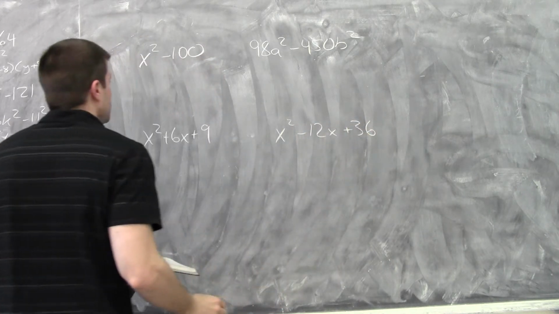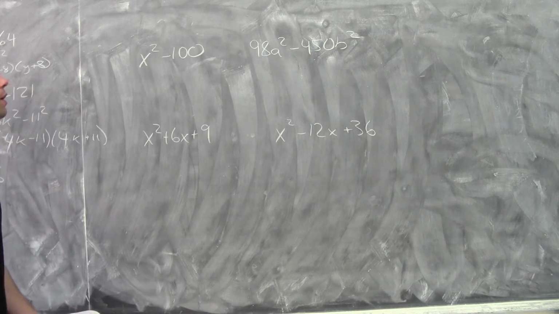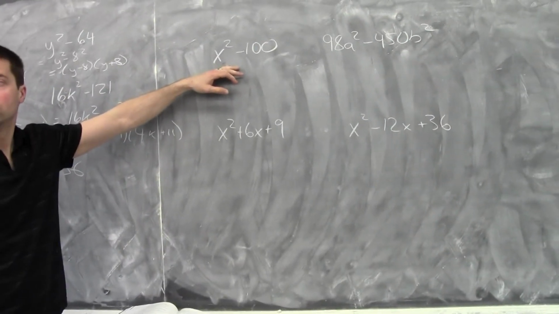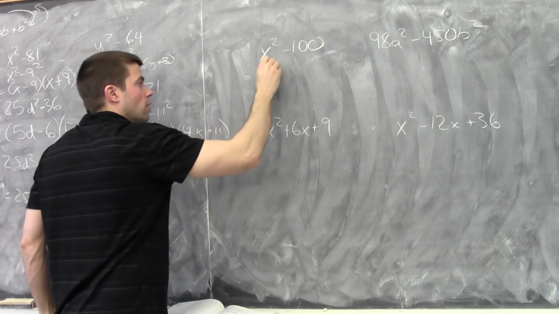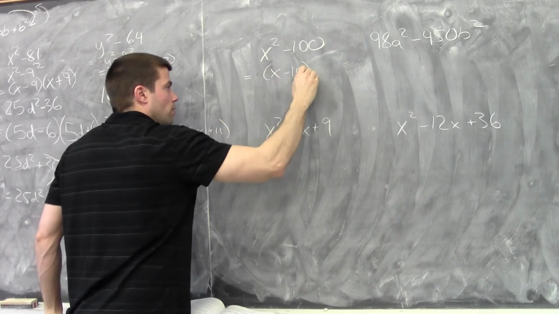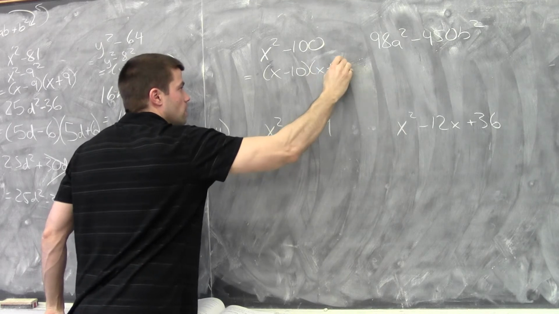So first things first here. X squared minus 100. Perfect square, x minus 10, x plus 10. Done.